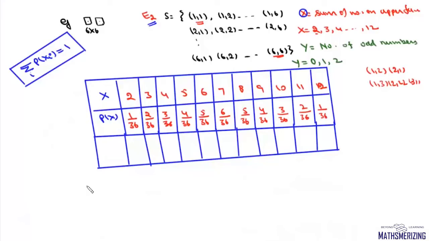Now once we have x and P(x), we can calculate its average value or its expected value.